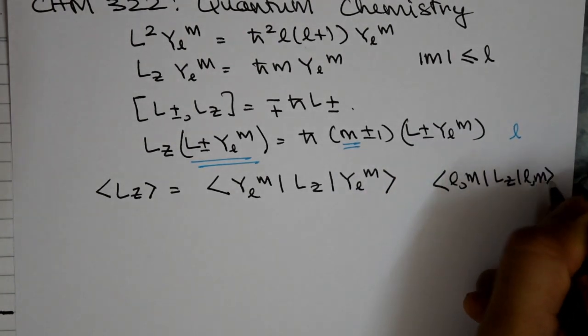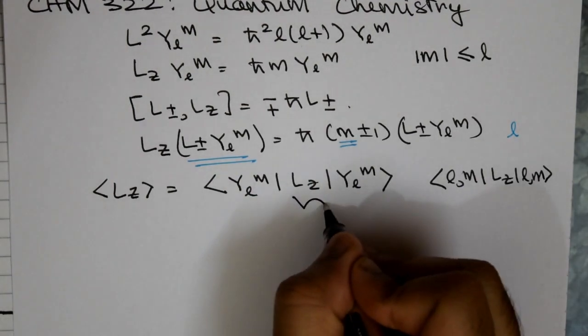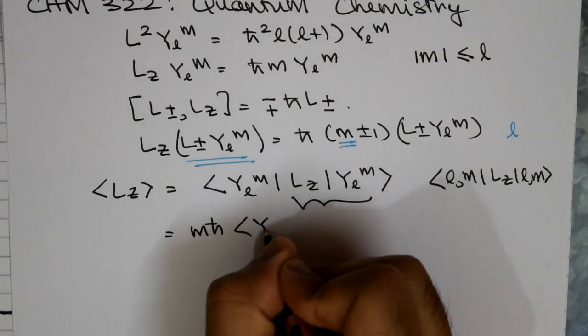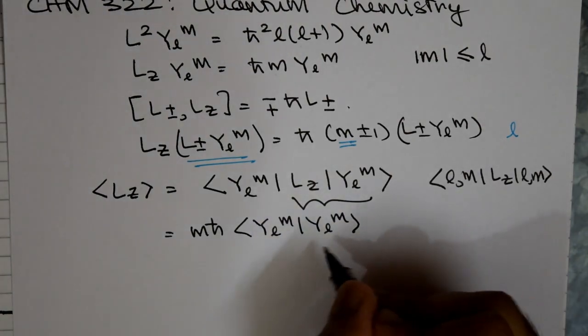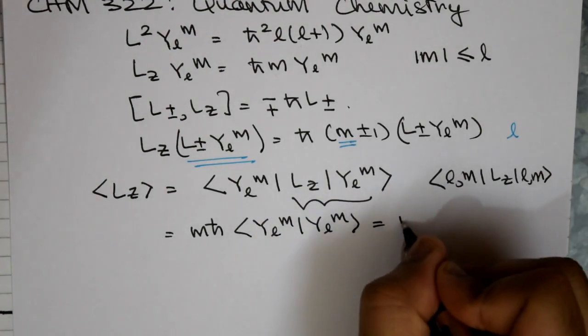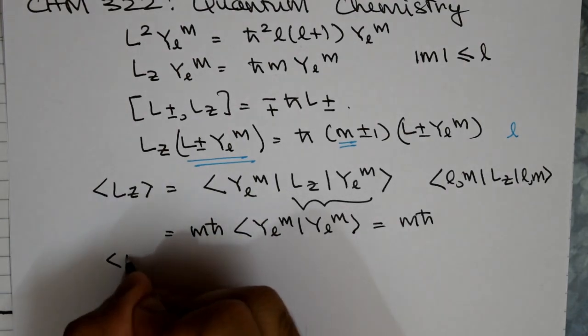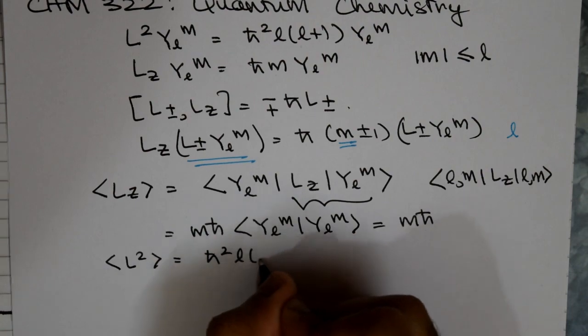This is the Dirac bracket notation. When you operate Lz on Y_lm, you get mħ Y_lm back, and this results in the Kronecker delta. Therefore you get mħ as the expectation value of Lz. Needless to say, the expectation value of L² will be ħ² l(l+1), right?